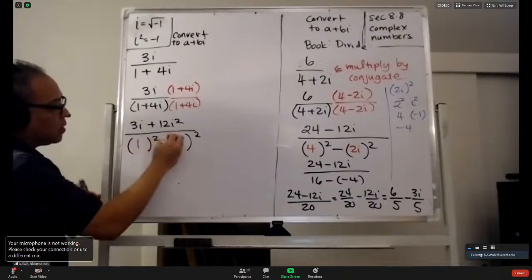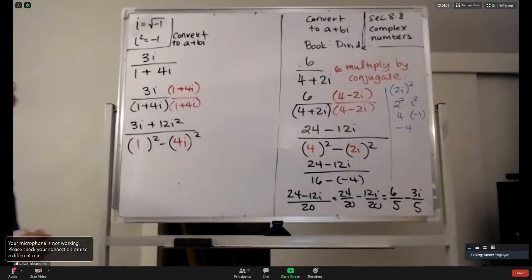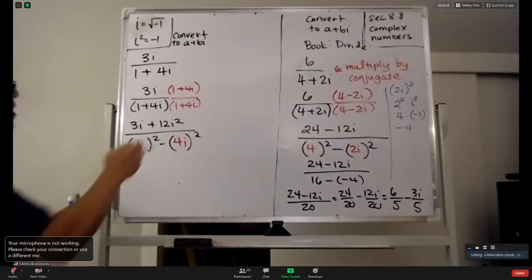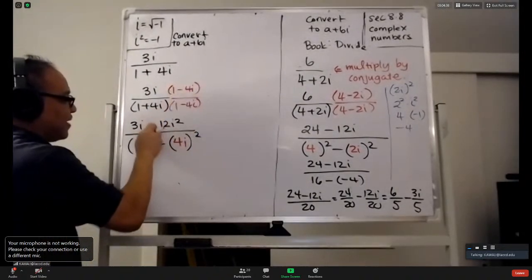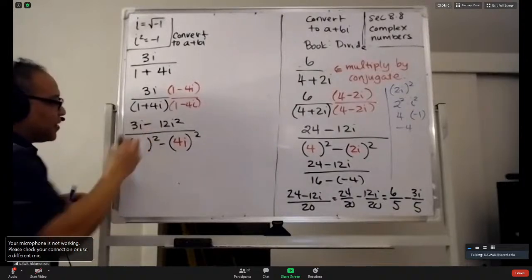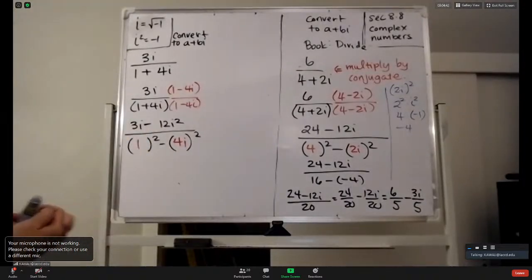Professor, if multiplying by the conjugate, shouldn't it be 1 minus? Yeah, it should be minus. I keep doing that. Every so often I start thinking about my next meeting and I mess that up. Thank you.